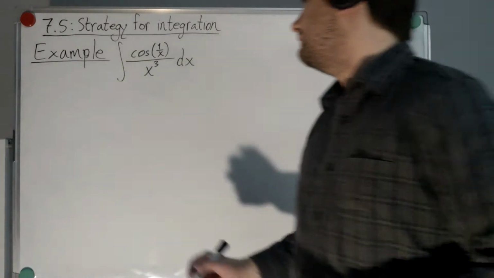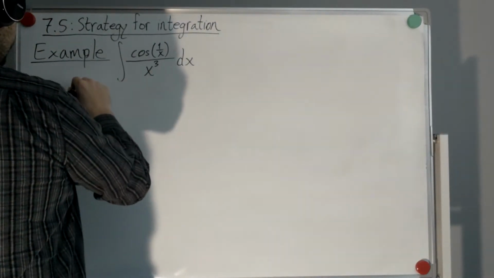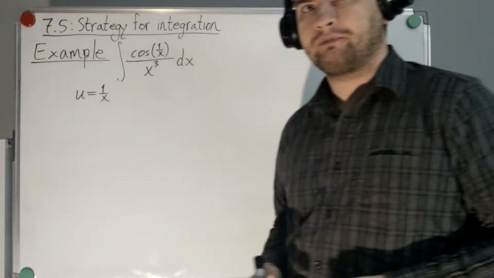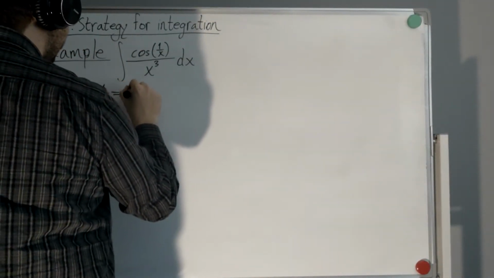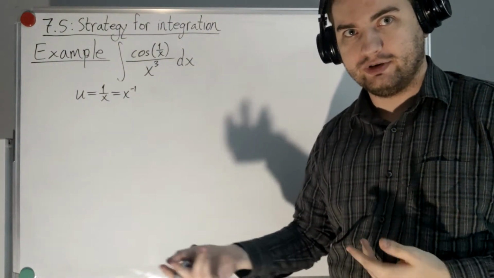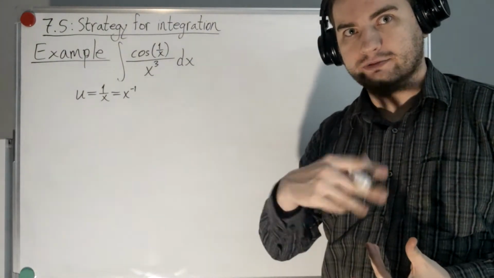Well, let's see here. If we do a u substitution on this, if we say u equals 1 over x, well, of course, 1 over x is the same as x to the negative 1, and then you can do the power rule on that and get the derivative is negative x to the negative 2.